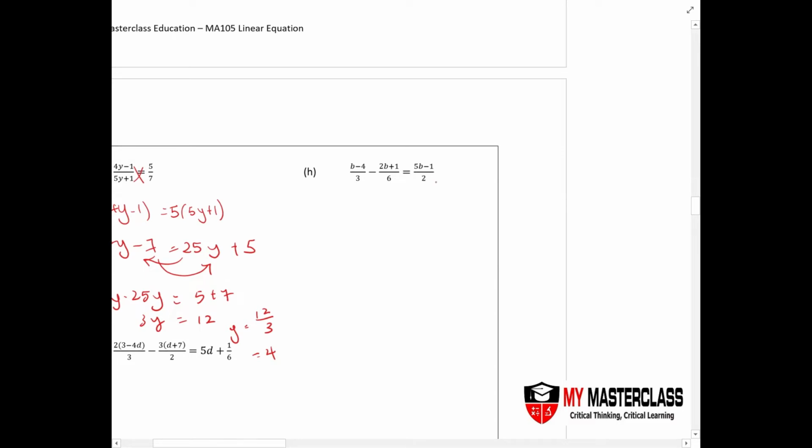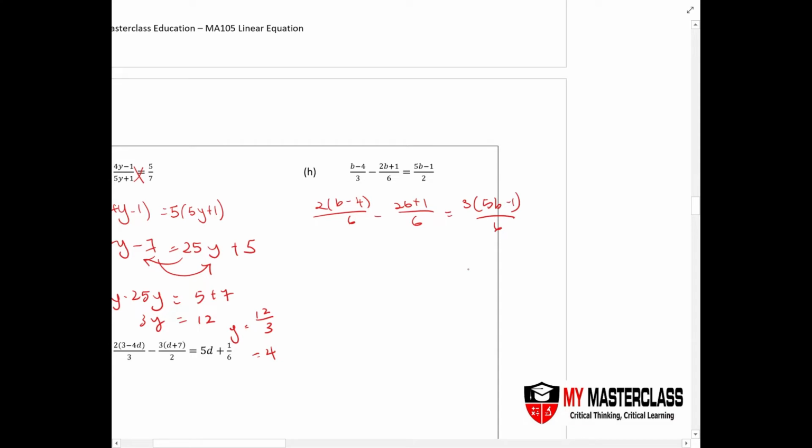Remember, just now in MA 104, I mentioned the difference between equations and expressions. First things first, you have to make them the same denominator. To multiply all, you would have 2(b minus 4) over 6 minus (2b plus 1) over 6, equals 3(5b minus 1) over 6.